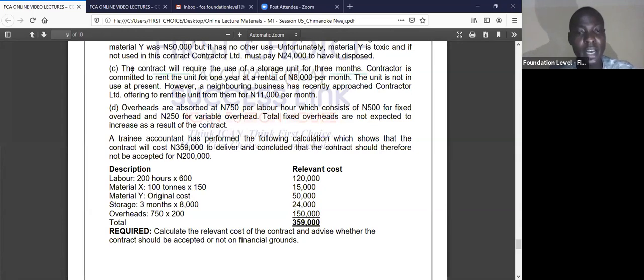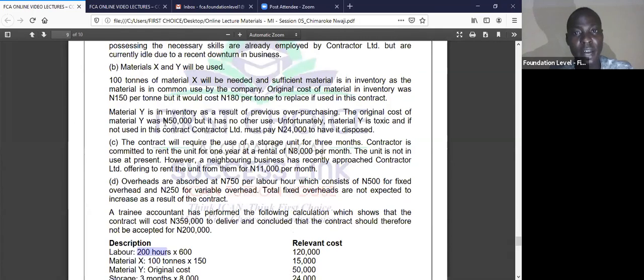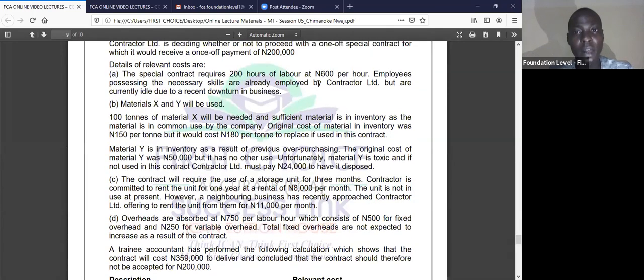We notice here that our trainee has multiplied 200 hours, which is what the labor needs, by 600 naira per hour.